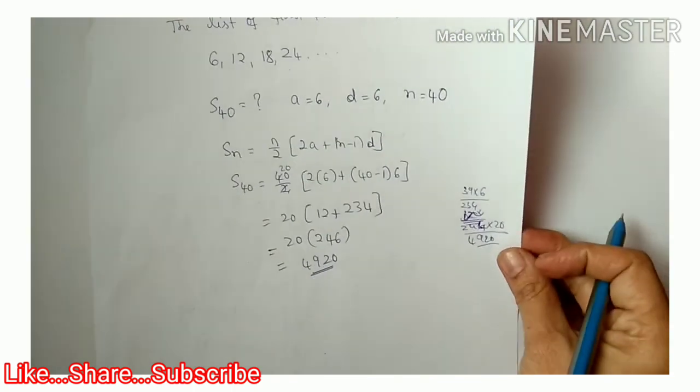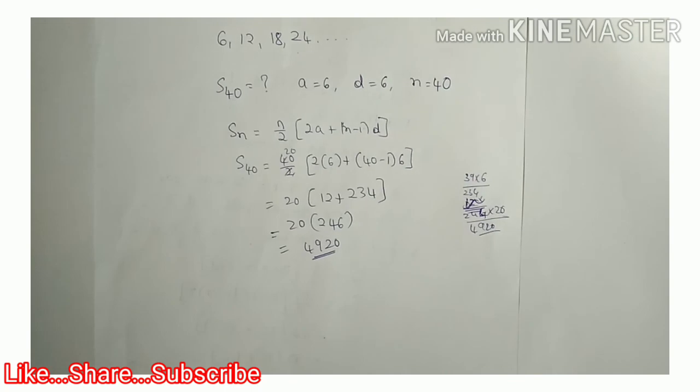Therefore, the sum of the first 40 positive integers divisible by 6 is 4920.